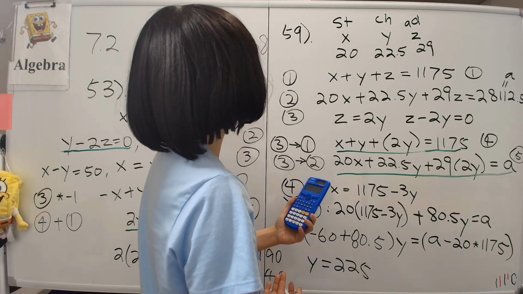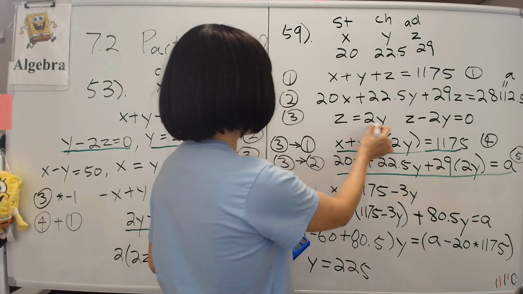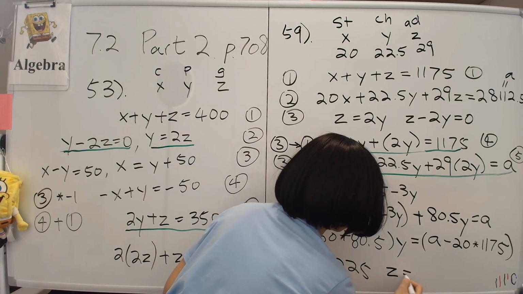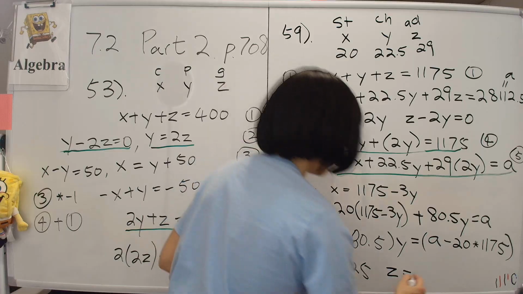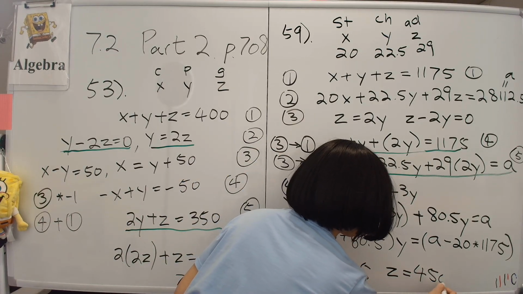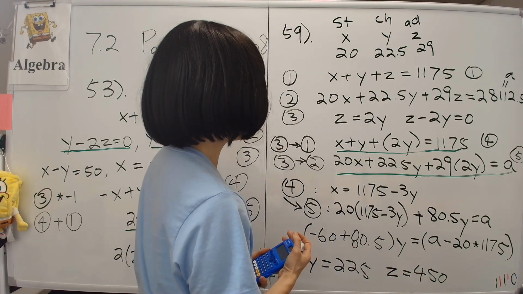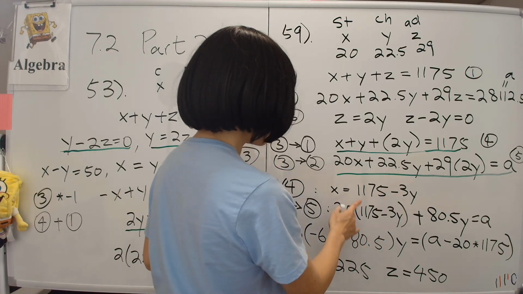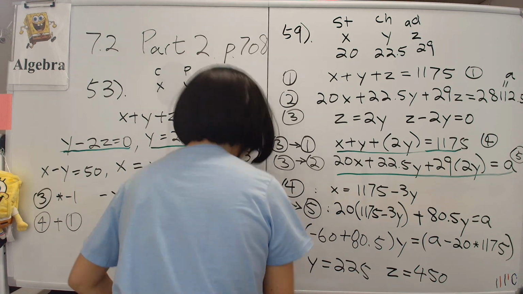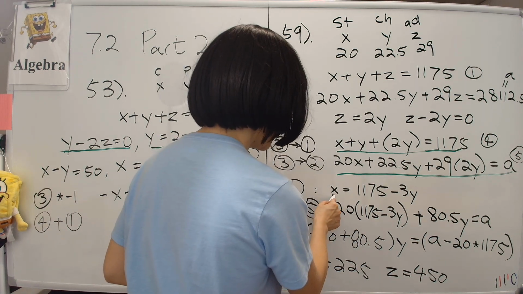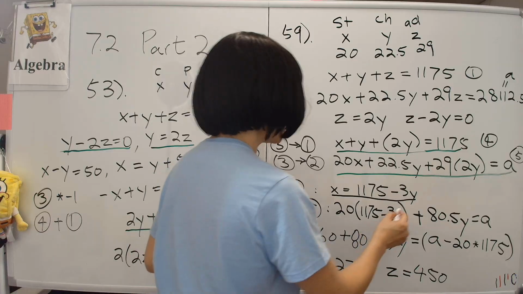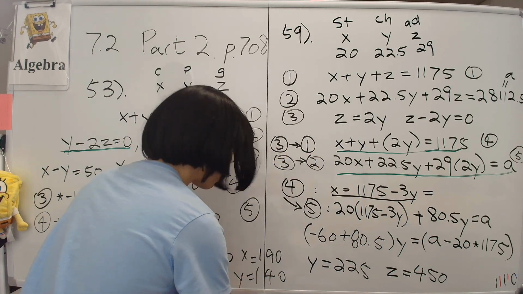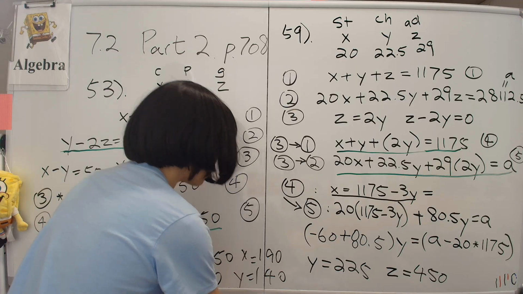And then x, so once we know that, z is 2y. So z is equal to 2 times y, that's 450. And then we need to figure out x. x is equal to 1175 minus 3 times y. We already know y, so that should be a piece of cake.